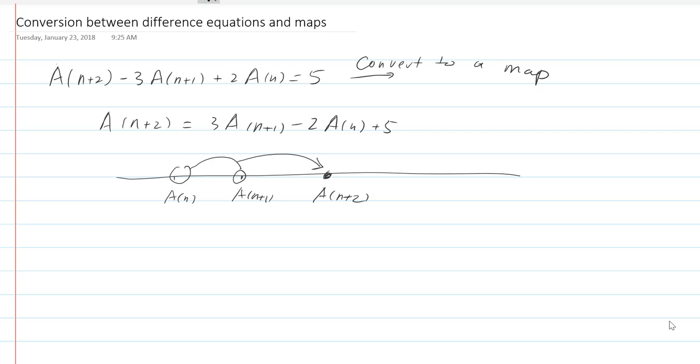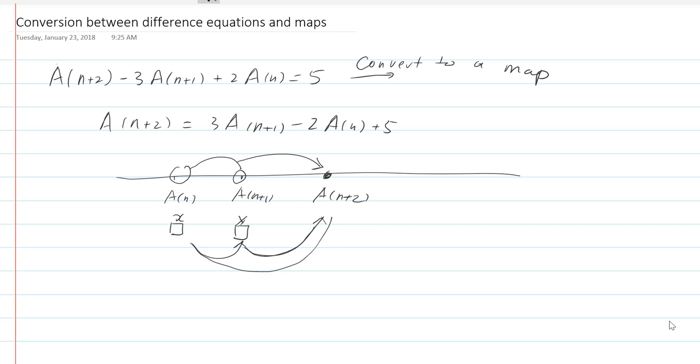Okay. So now, when we do the map, if we want to convert this into a map, we're going to need two variables. The reason is we can say that from these two, this is x and this is y. And then you can move forward, and then we get two more. x moves to y and y moves to the next one.